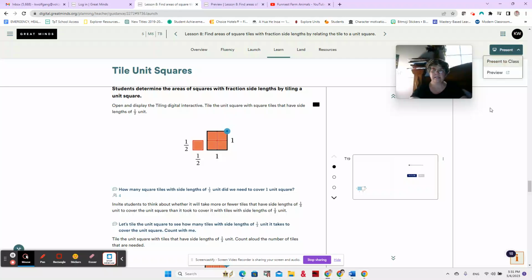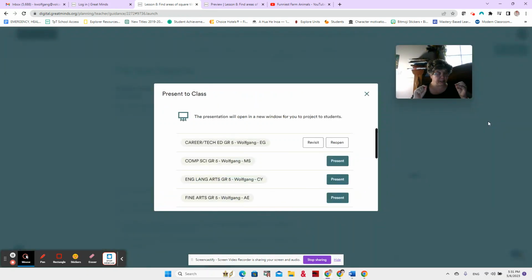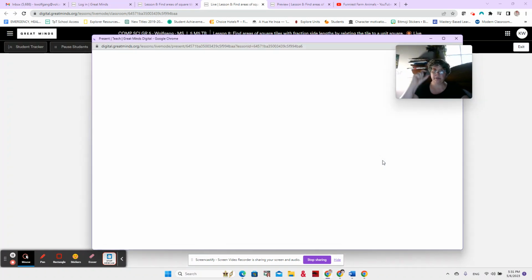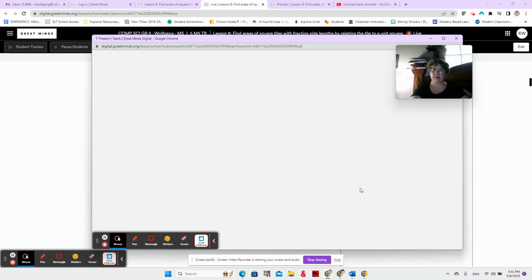Hey guys, this is the third video in lesson 8 as we continue to work on finding and modeling area by using tiles with unit fraction side lengths. Hopefully you're understanding how to use tiles that have whole number side lengths, 1, 2, 3, but we're also working now on fraction side lengths.